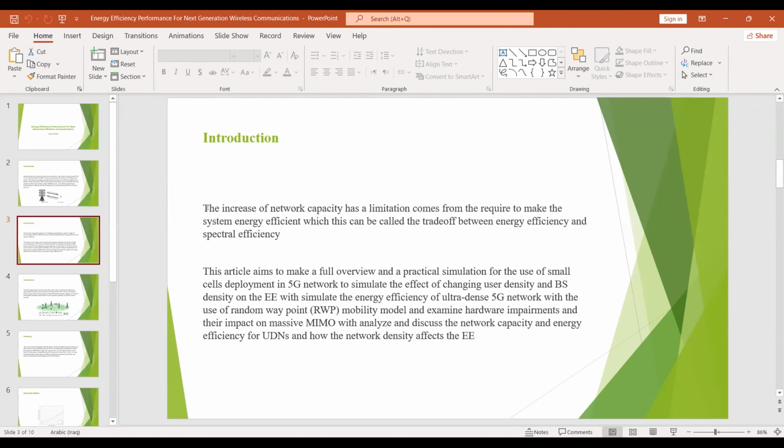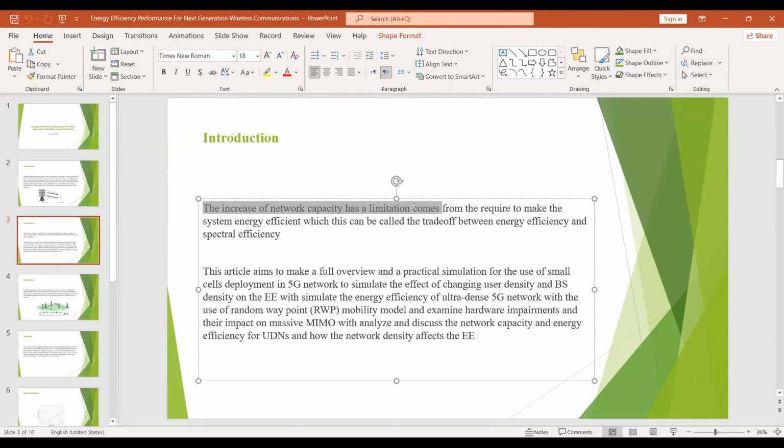Here the increase of network capacity has limitations for the system's energy efficiency, which can be called the trade-off between energy efficiency and spectral efficiency, because we have at least 3 by 3 or 4 by 4 antennas in each base station, reaching up to 100 antennas.